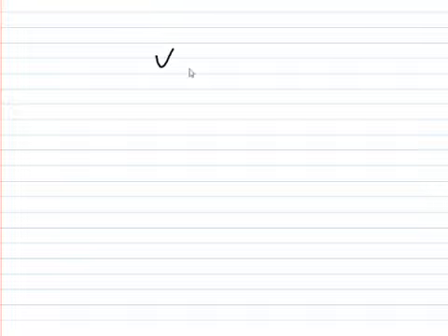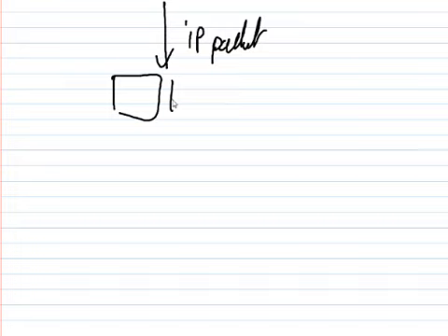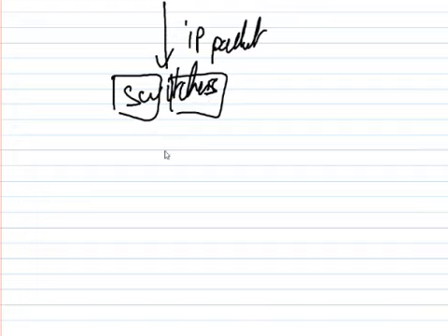You get an IP packet that comes here, a request, an HTTP GET for instance, that goes to switches which don't know how to load balance against the web farm.